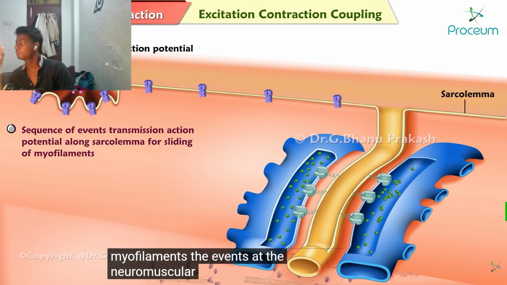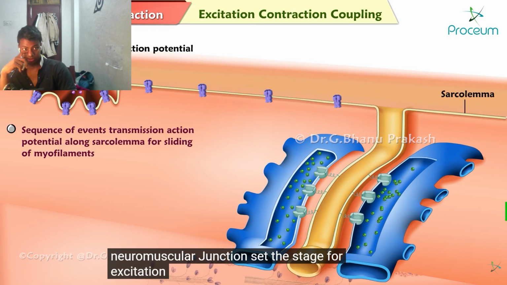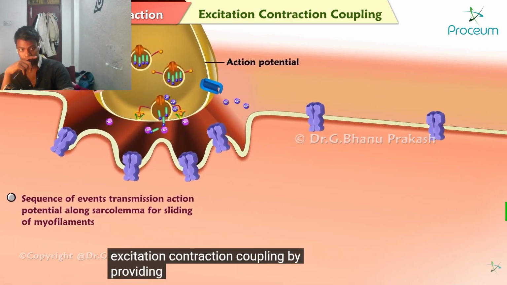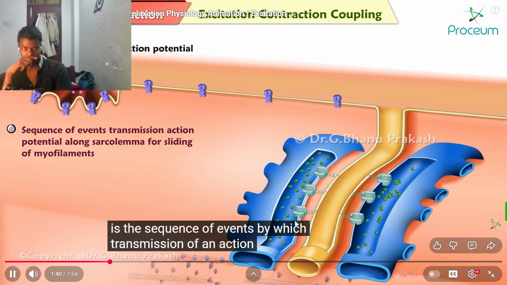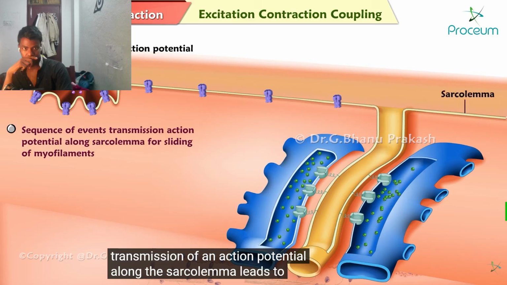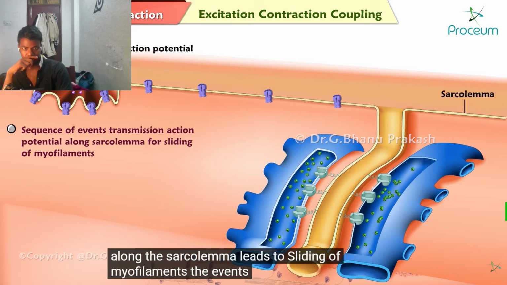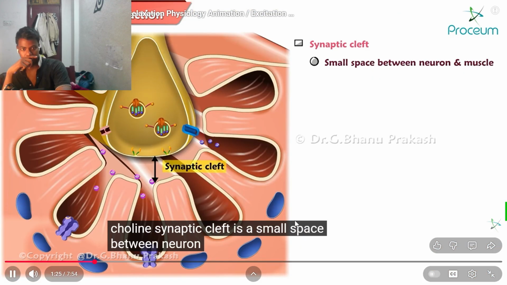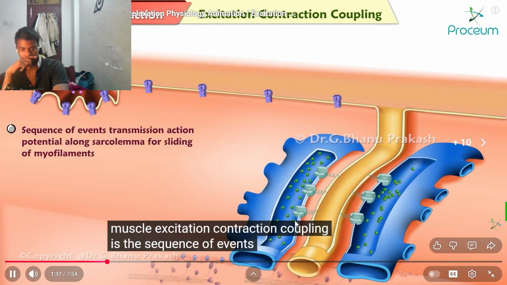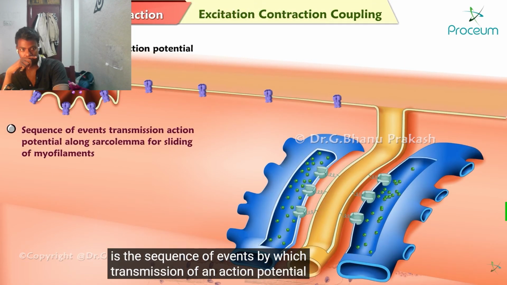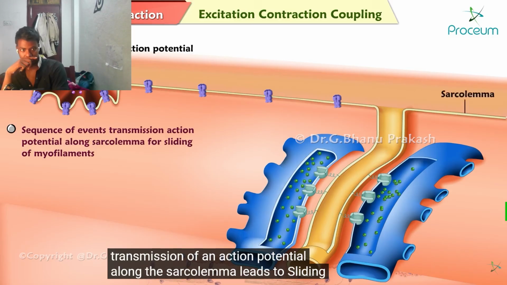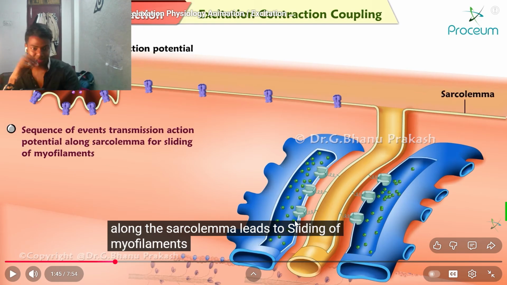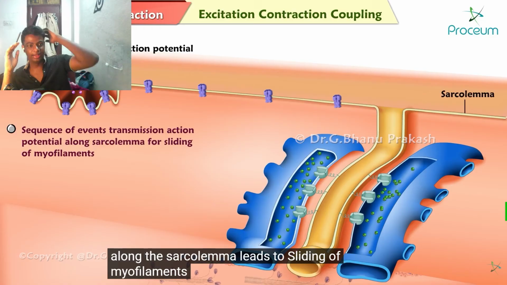The events at the neuromuscular junction set the stage for excitation-contraction coupling by providing excitation.